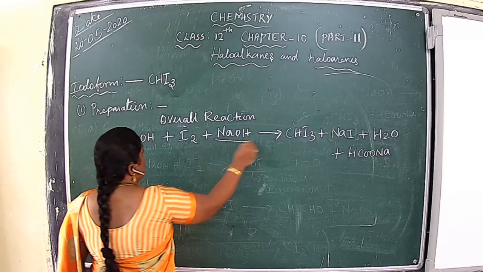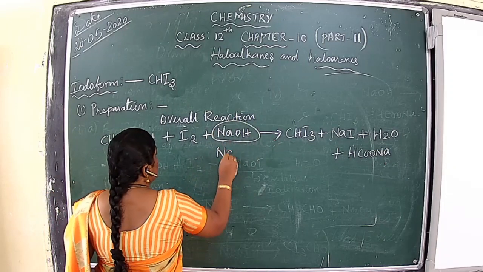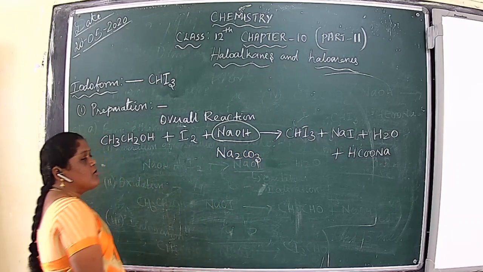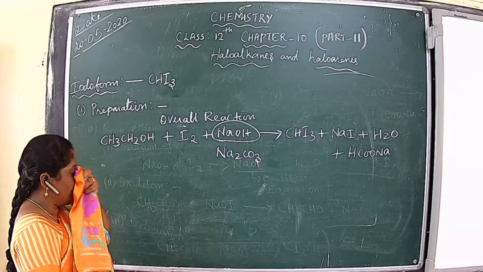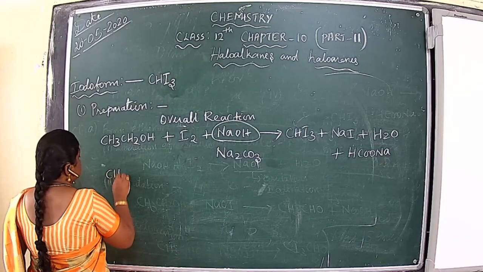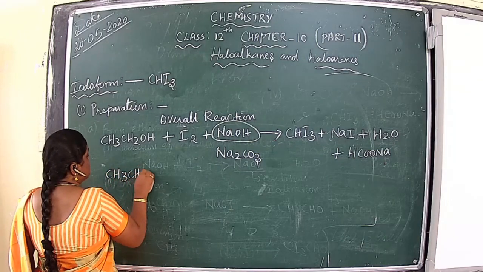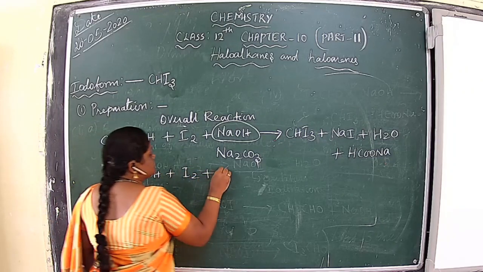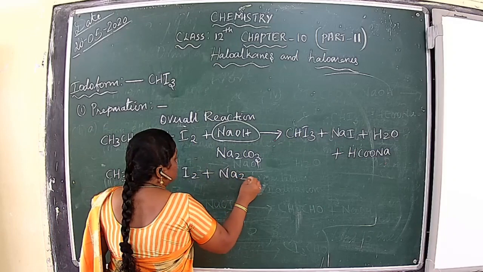Instead of NaOH we can take sodium carbonate. See that reaction: CH3CH2OH plus iodine plus sodium carbonate, instead of sodium hydroxide.